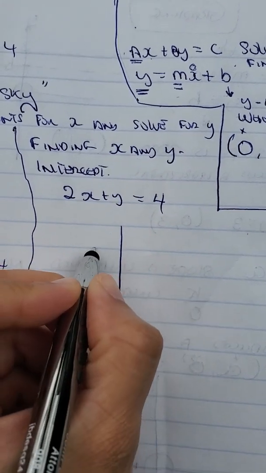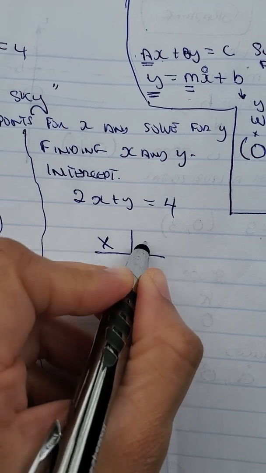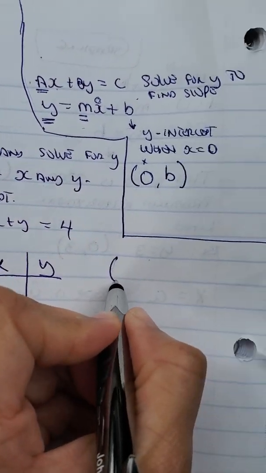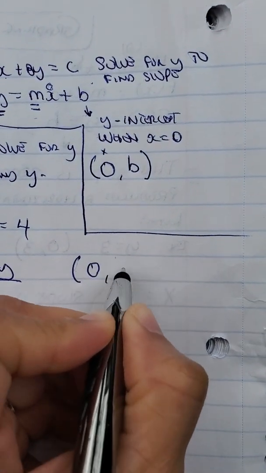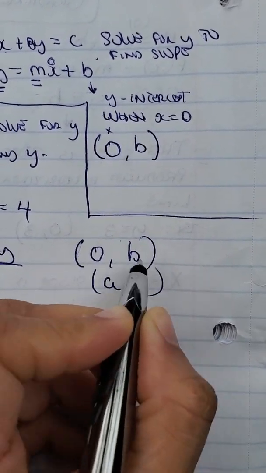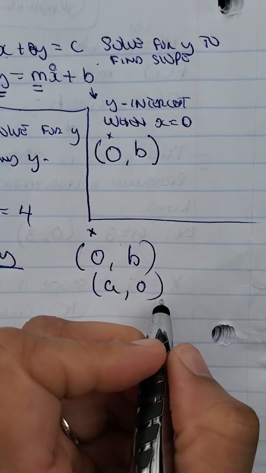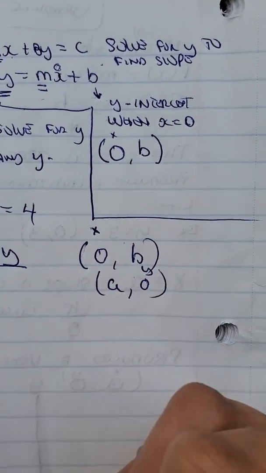But in this case, I'm not finding random values. I'm being strategic, because for x and y intercepts, you'll have a coordinate point that says when x is 0, y is b, and when x is a, y is 0. These are intercepts, right? So for the y-intercept, x will be 0, and for the x-intercept, y will be 0.